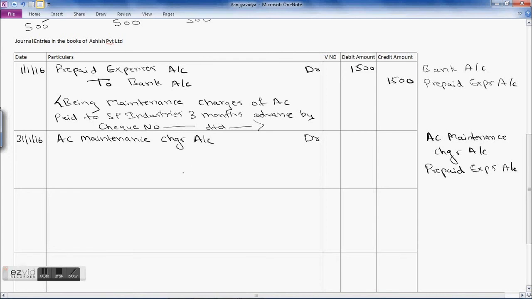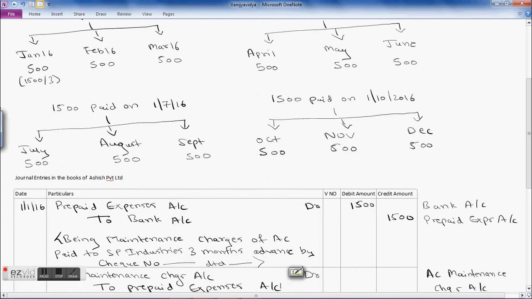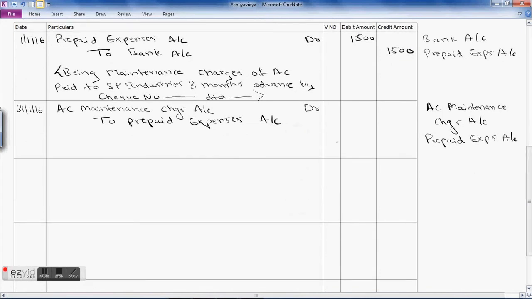Here SP Industries is providing maintenance charges, it's giving the maintenance charge, so credit to prepaid expenses account. And what is the amount? Amount for the month of Jan is 500, so you have to put 500, right?